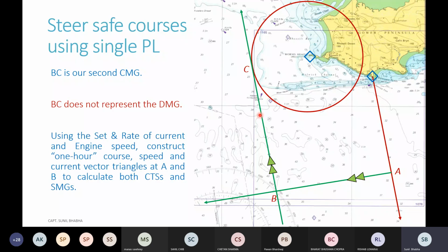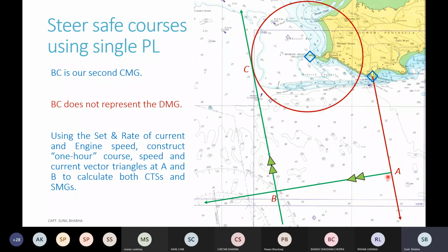Now, once we have both the courses made good on the chart, we can use the other data which is available to us. We have the set and rate of the current, which is given in this question. We have our engine speed, which is given to us. Using this data, we can now construct the course, speed and current vector triangles.